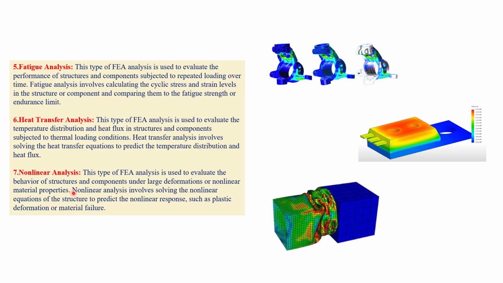And there are various analyses we can do. This is also one of them, where we are trying to crush this particular structure. This is the rigid, and we have applied the load, and we have utilized the non-linear material properties and the non-linear response, and depending upon that, this is how it is behaving.